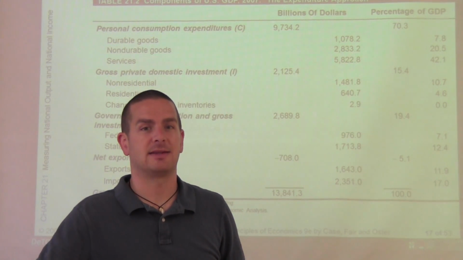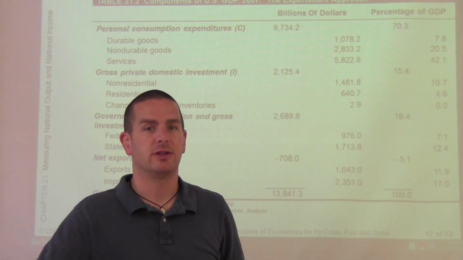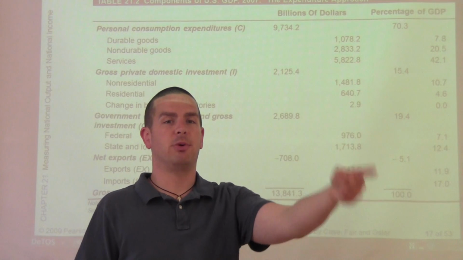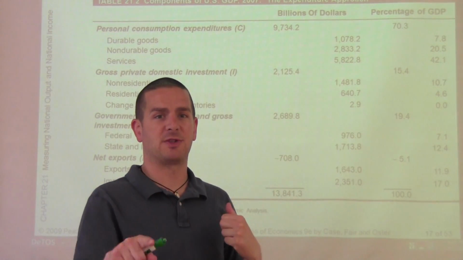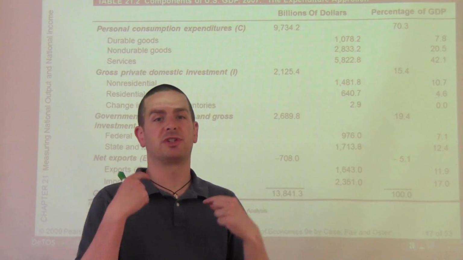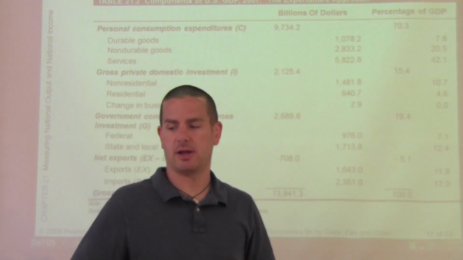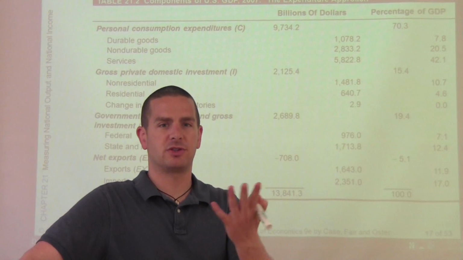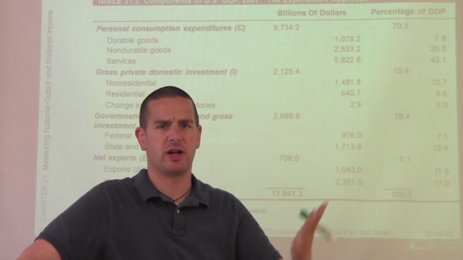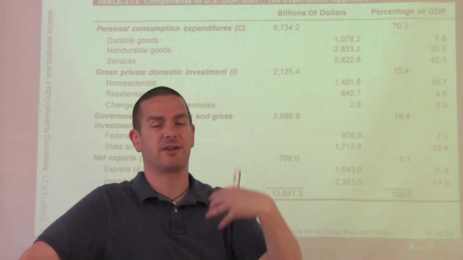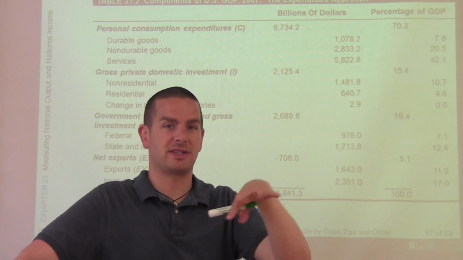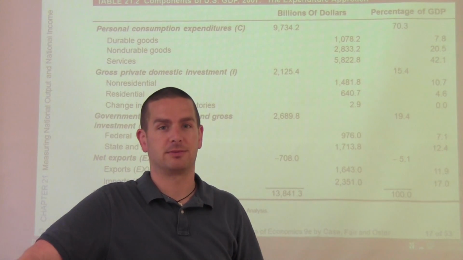It means that currently the United States imports more than it exports. We buy more stuff from the rest of the world than we sell to the rest of the world. I'm sure you've heard of this before. It's China, the trade deficit with China. China exports a lot of stuff to America, but we don't send a whole heck of a lot there.